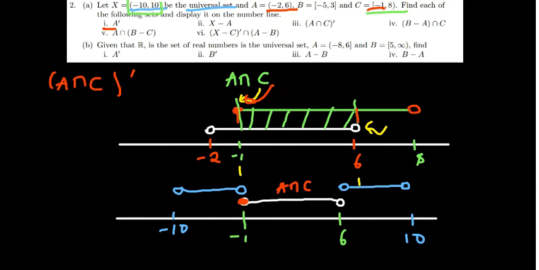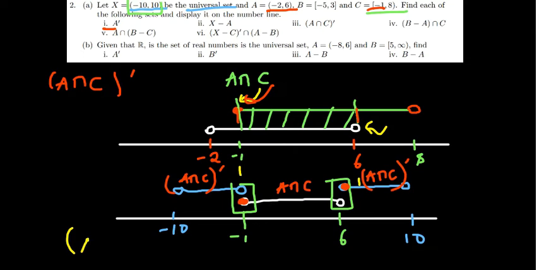And at these ends we'll do the opposites. On a part where it is not shaded, we'll shade to show that 6 is actually part of its complement. So that is A intersection C complement on the number line. Now we can also present it in our own notation.